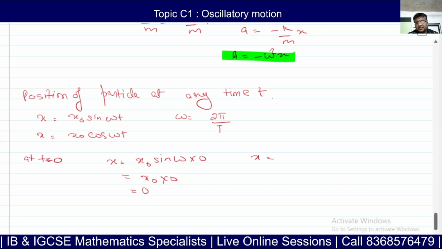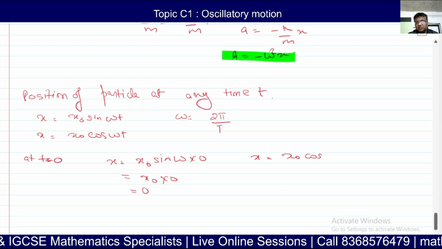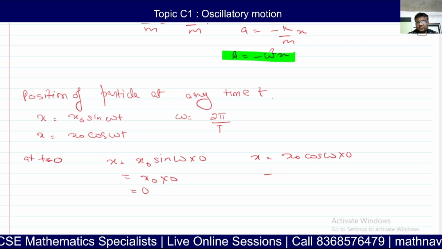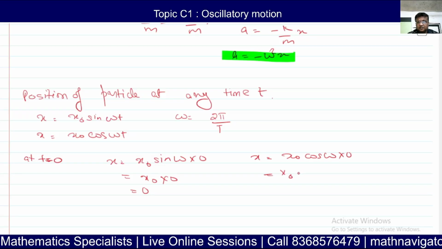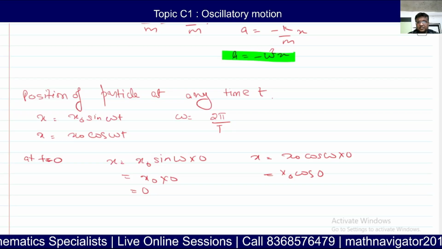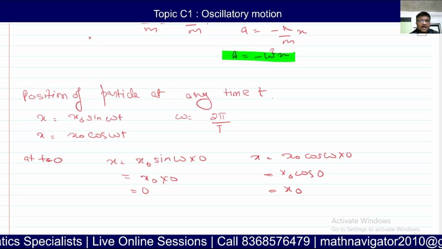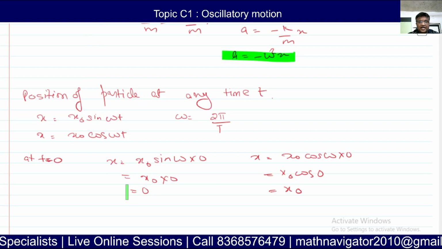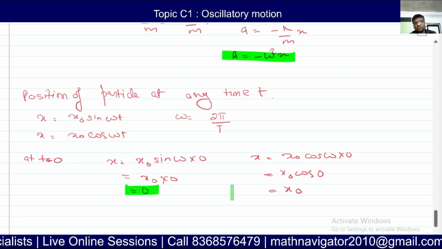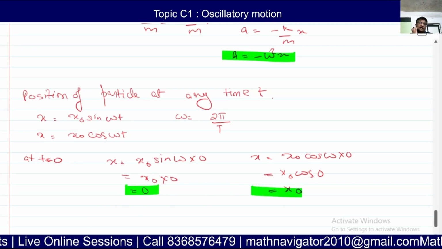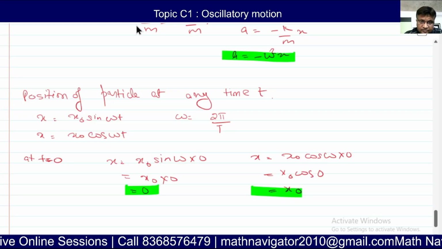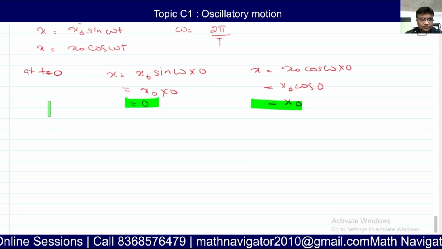And if I put x is equal to x naught cos omega times 0, it is x naught cos 0, which is x naught. So I'll use the sine function when I am starting from the mean position, and I'll use the cos function when I'm starting from the extreme position. So this is position.